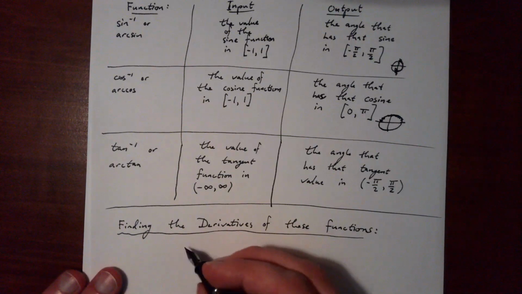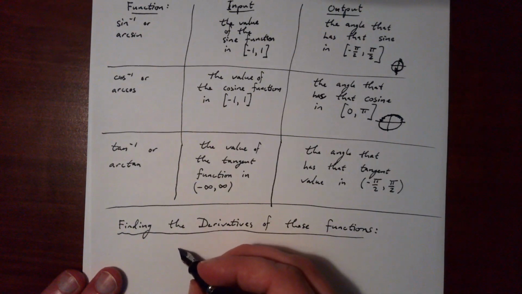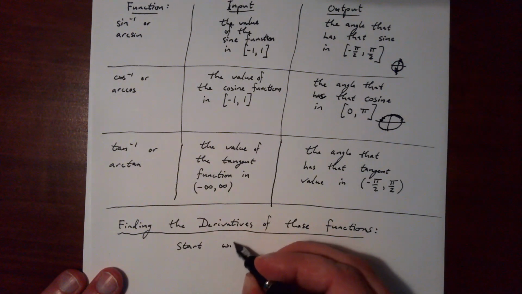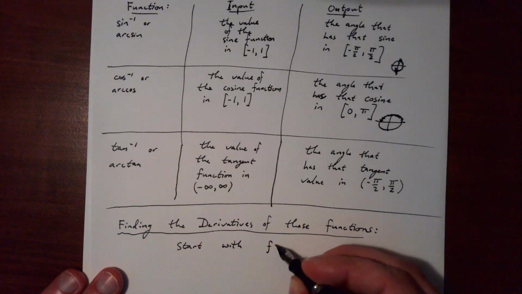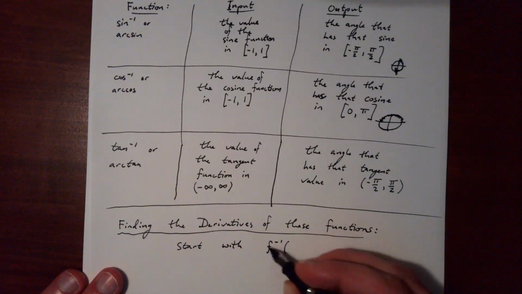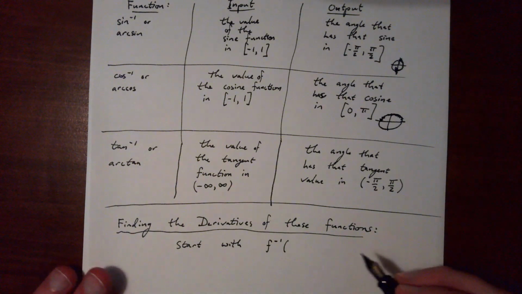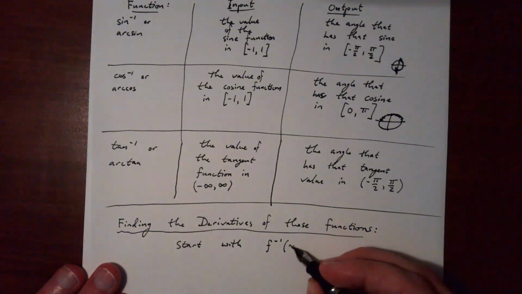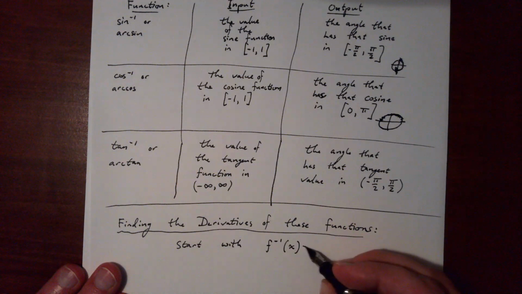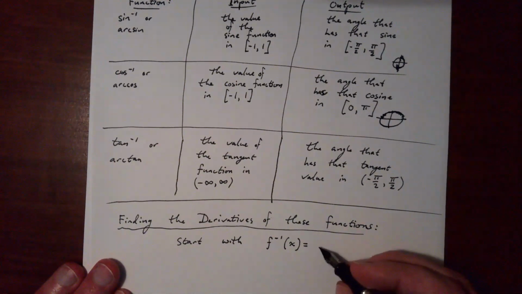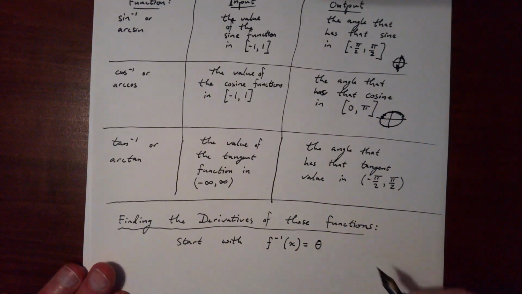So first off, we'll look at it like this. We'll start with f inverse. So this will be either sine, cosine, or tangent inverse, as the case may be. And now, in here we'll put the value that represents the output of ordinary sine, cosine, or tangent, but now is the input because we're in inverse land. And the result is an angle, so we'll call it theta.